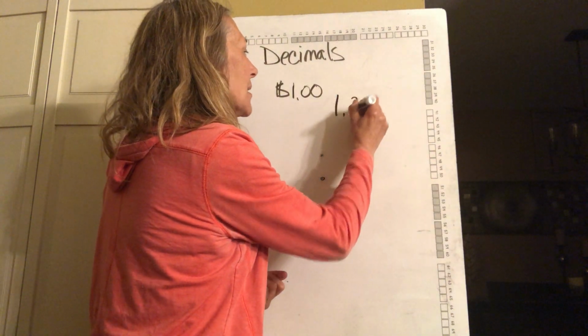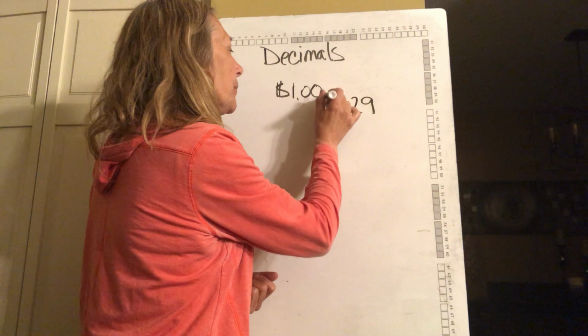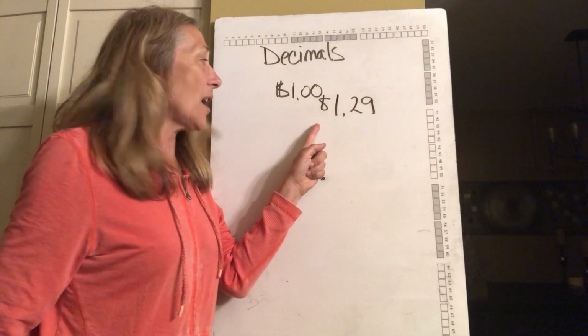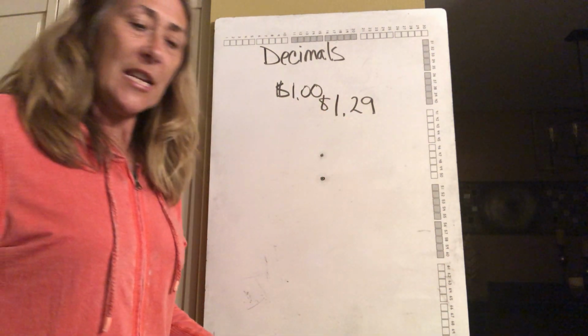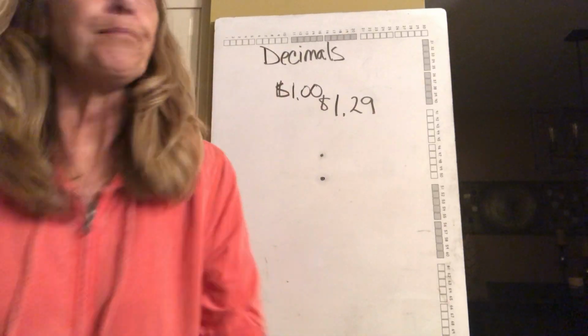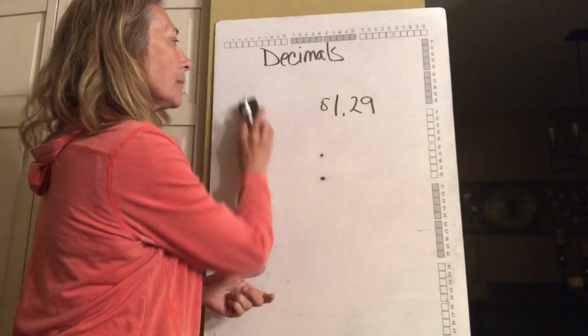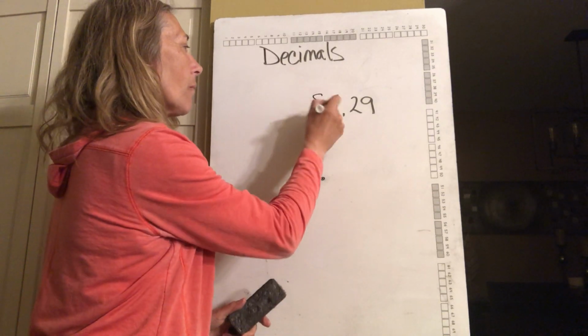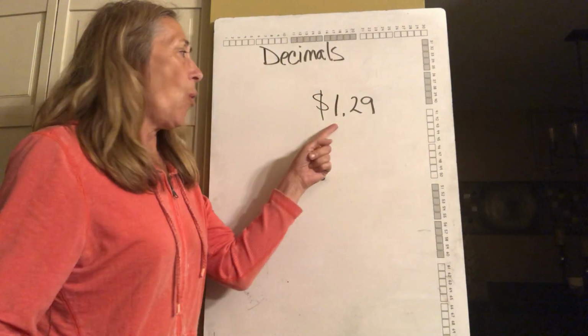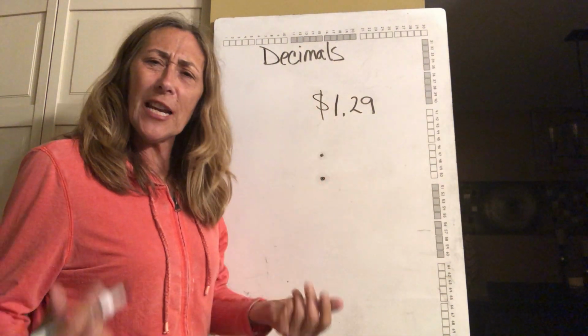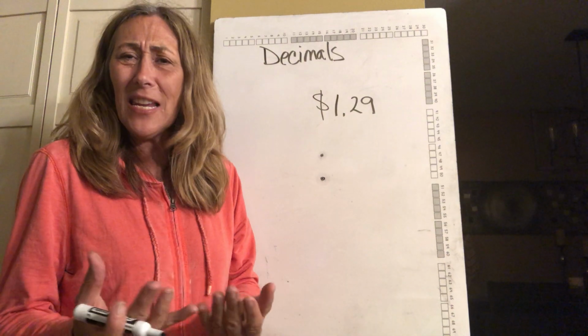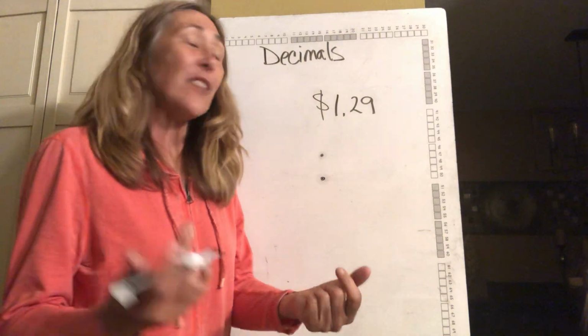If I were to write $1.29, it means I have one whole and 29 cents. How many pennies make a dollar? 100.